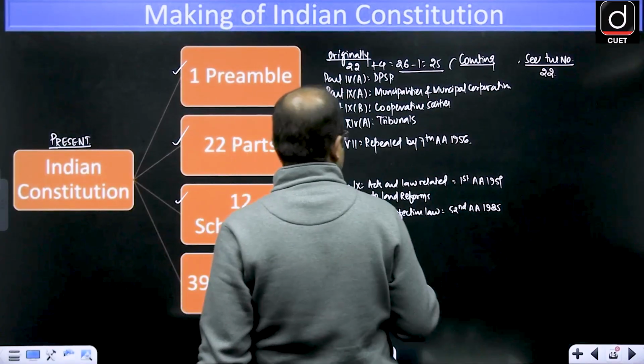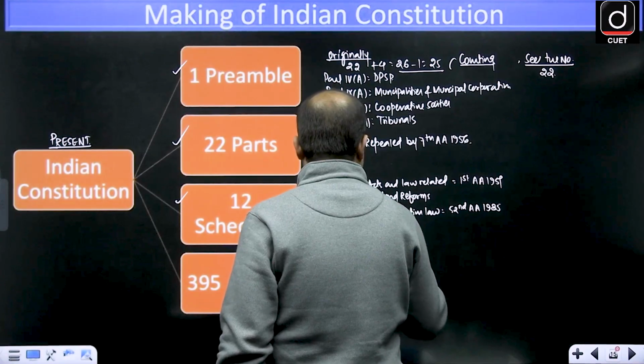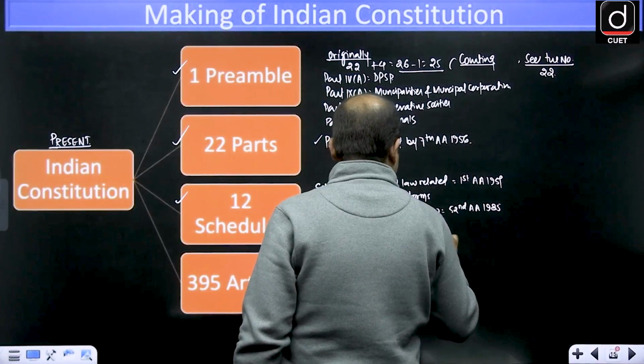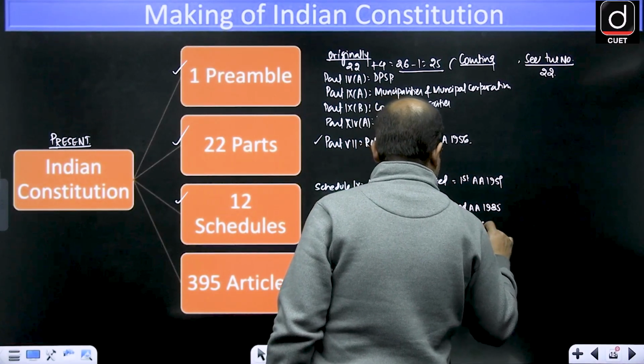Then Schedule 11. What does Schedule 11 discuss? Schedule 11 discusses the Panchayati Raj, 73rd Amendment Act 1992.